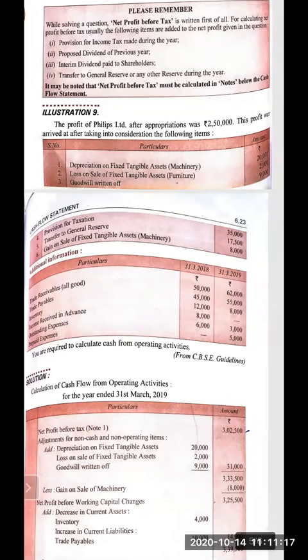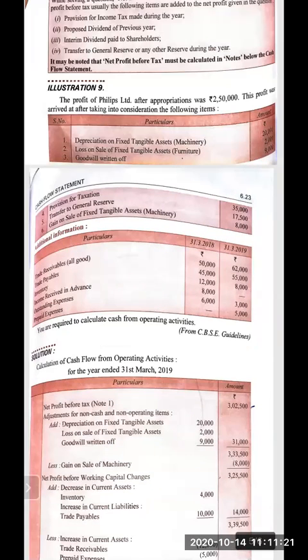The profit arrived after taking into consideration the following items: depreciation of fixed tangible assets, loss on sale of fixed tangible assets, that is furniture, goodwill written off, that is amortization of intangible asset, provision for taxation, the amount transferred to general reserve, and some gain on sale of fixed asset, that is machinery.